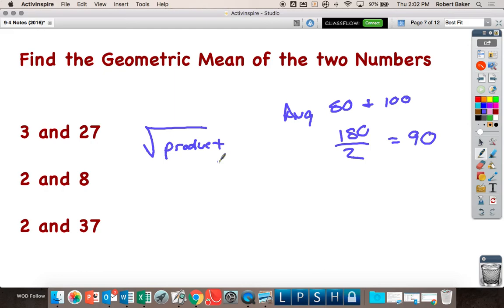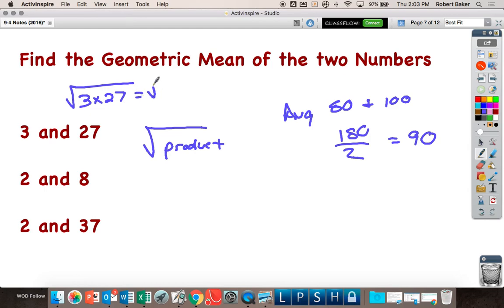So the geometric mean of 3 and 27 is the square root of 3 times 27. So you have to multiply them and take the square root. 3 times 27 is 81.